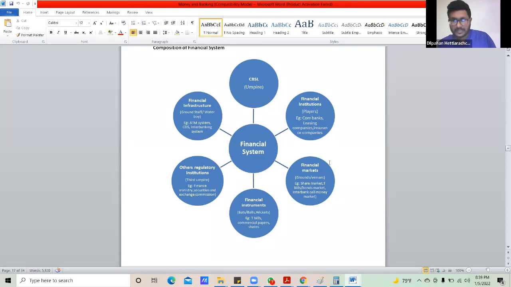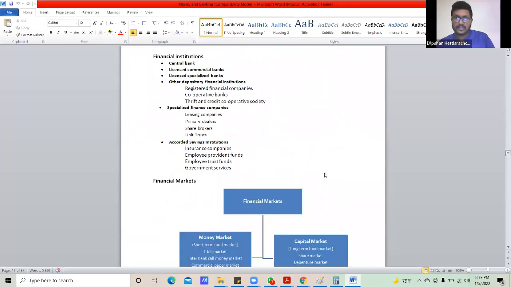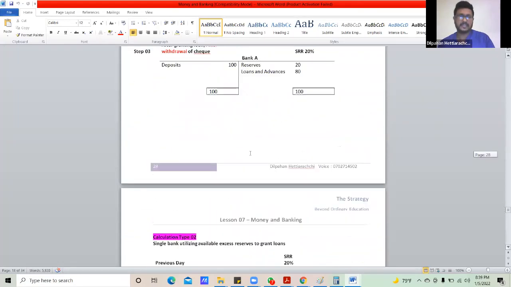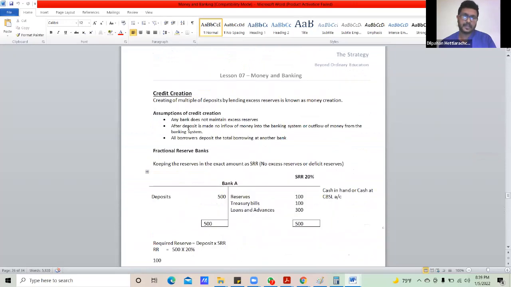Out of these, commercial banks are the most critical institution to learn about. Commercial banks play a vital role in the financial system, and out of their work, credit creation is one of the most important, because it definitely influences different parts of the economy.